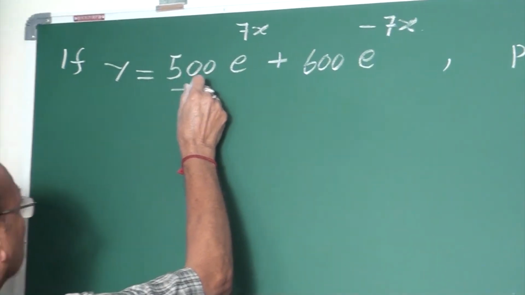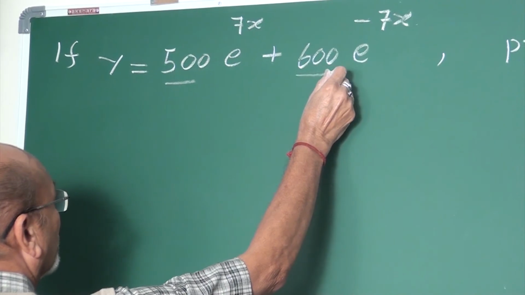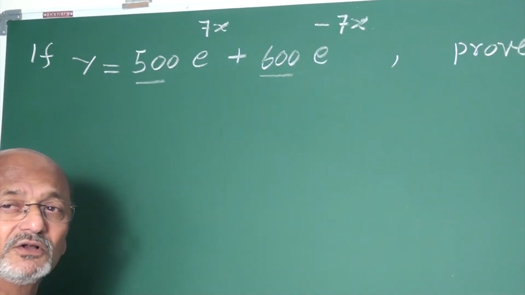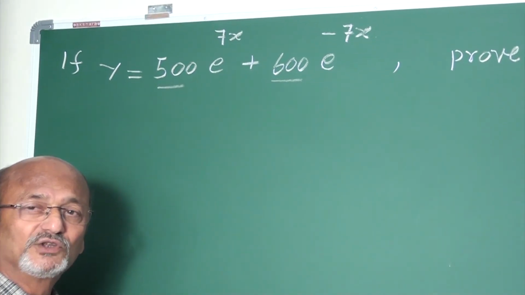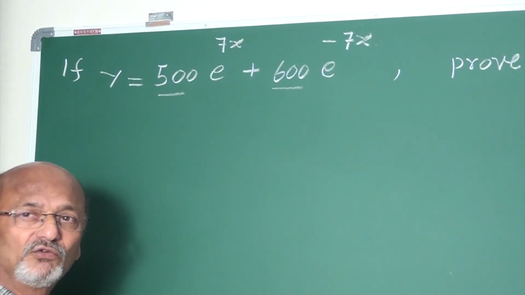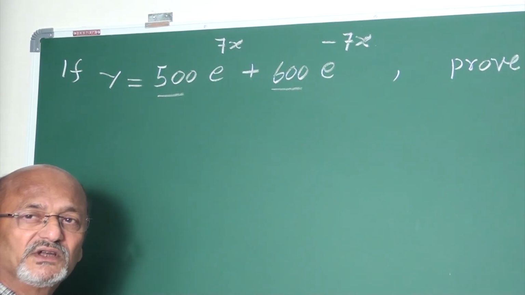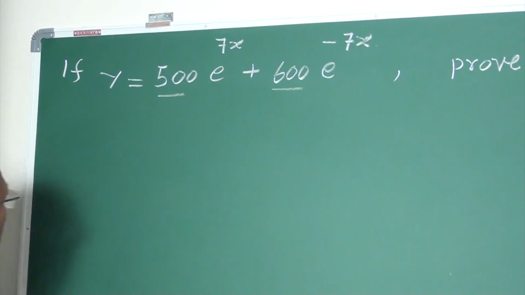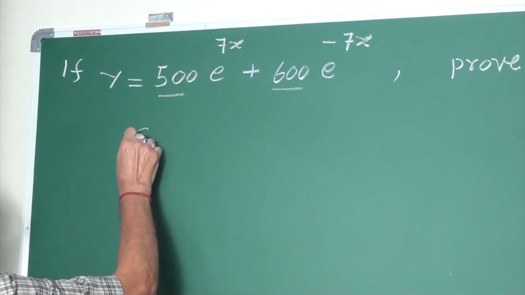Sometimes they give big numbers purposely to make the example look difficult. No, 500 is 500, 5000 is 5000. If it is 5, it is 5. Otherwise, general constants may be given as A and B. Yes, my friend. Differentiate with respect to x.